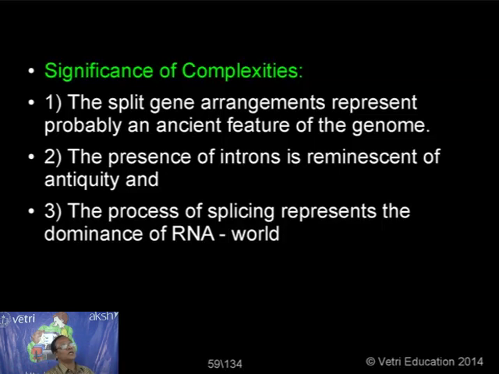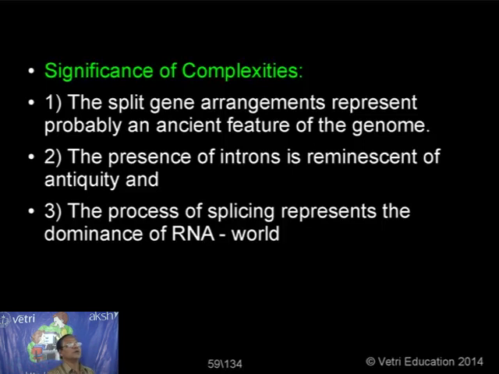Now the split gene arrangement that we have in eukaryotic cells, having exons and introns, probably represents an ancient character of the gene that was present in the past and has been passed on. So the split gene arrangement is one of the important ancient features of the genome.